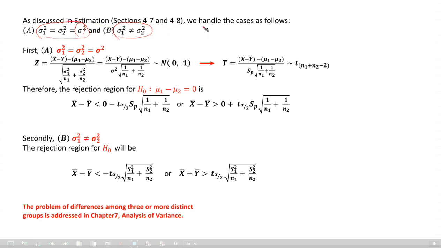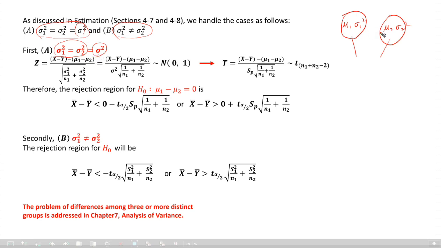So let's see: population 1 with mu1 and sigma 1 square, population 2 with mu2 and sigma 2 square, and a sample from each population. When sigma 1 square equals sigma 2 square, we can denote it sigma square because they are the same, so one parameter.